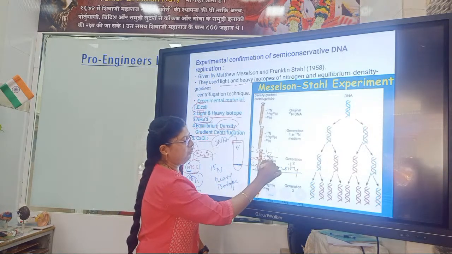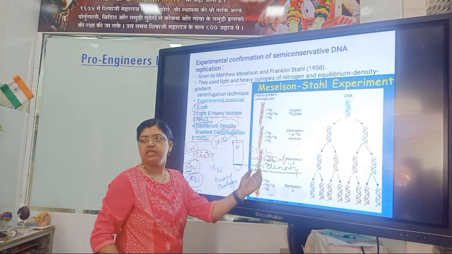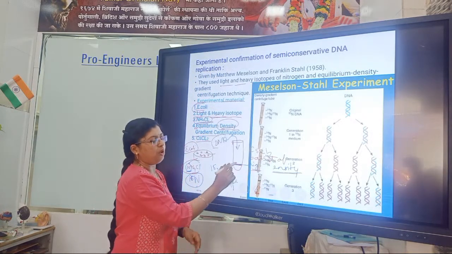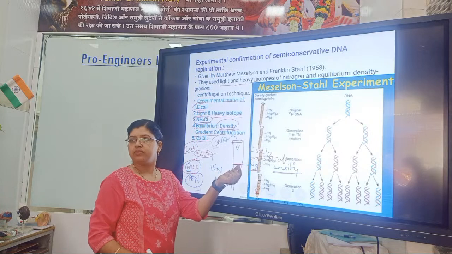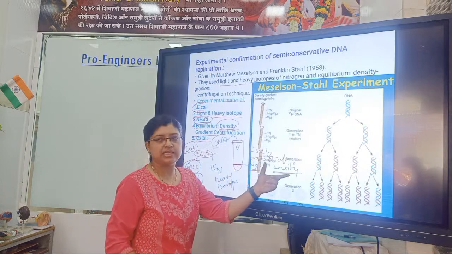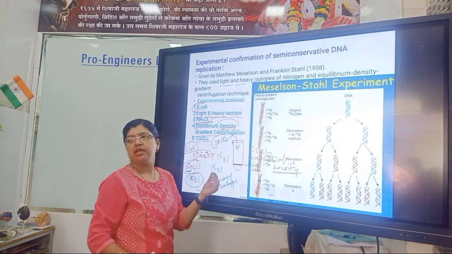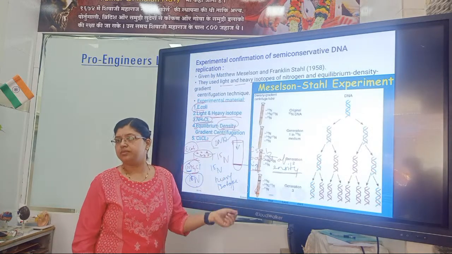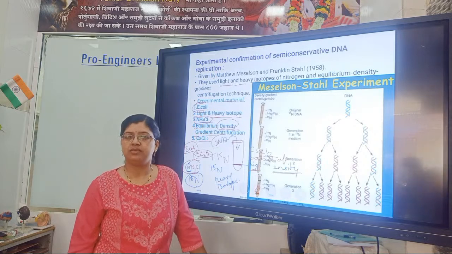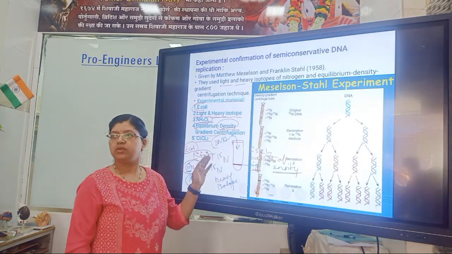A band of high density occurs at the bottom of the test tube. The band of high density is nothing but the band of 15N heavy isotope. This much clear? Yes. Got it?